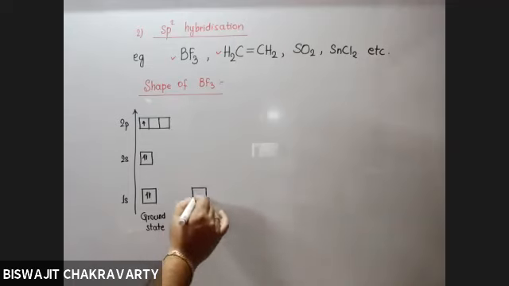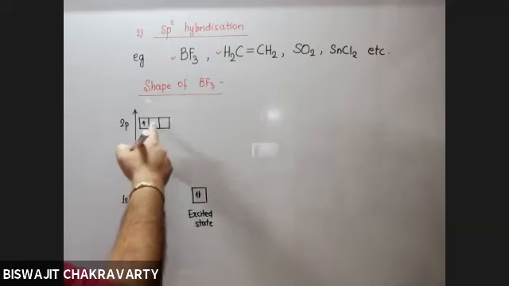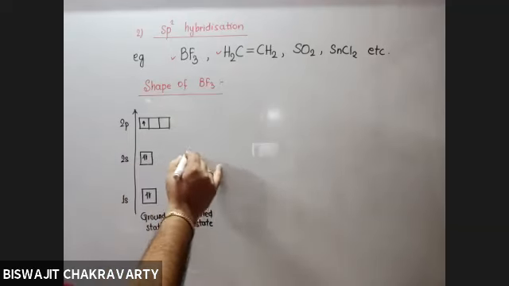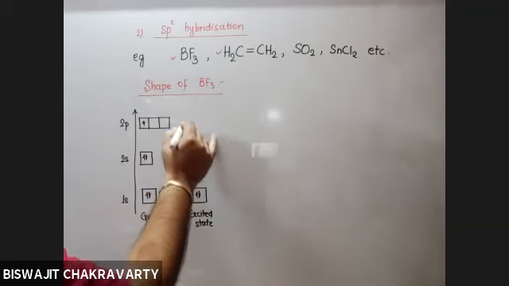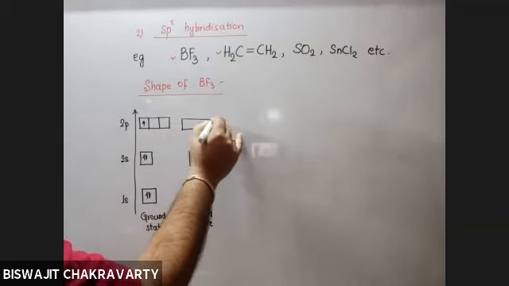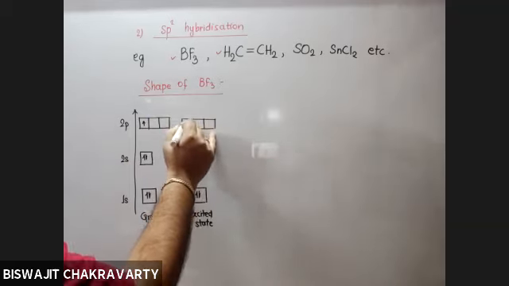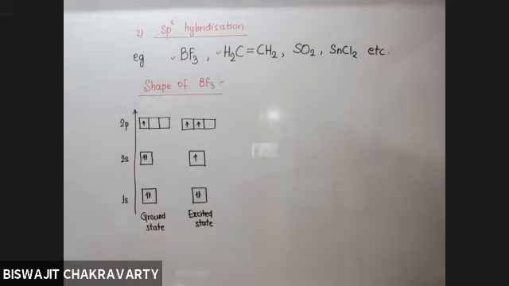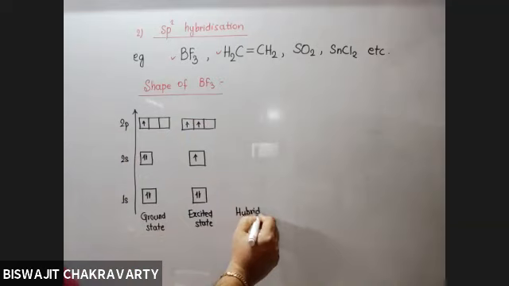So in excited state, one of the electrons from 2s is going to jump to the 2p, and thus there are 3 unpaired electrons, and thereafter there will be hybridized state. So what's happening in hybridized state?